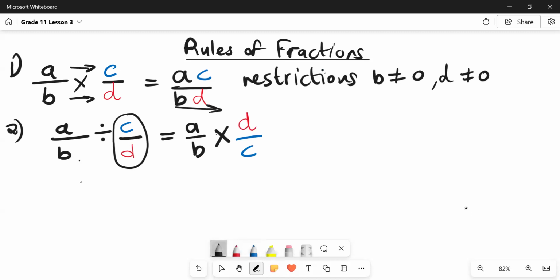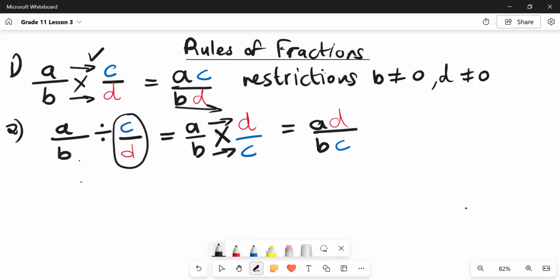And then from there, we apply this law here: numerator versus numerator, and then denominator versus denominator. So A times D, you'll end up with AD over B times C, which is BC. Again, there are restrictions.